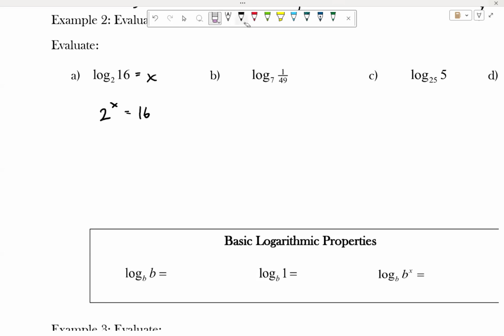So this is equal to 4. I thought to myself, 2 to the what equals 16? Or I could rewrite the 16 as 2 to the 4th, and now that they have the same base, we could just set the exponents equal to one another.